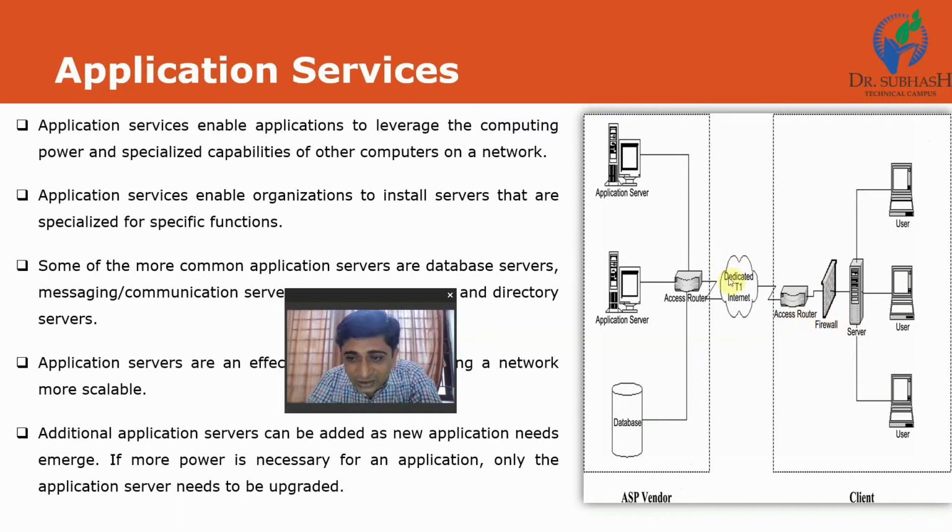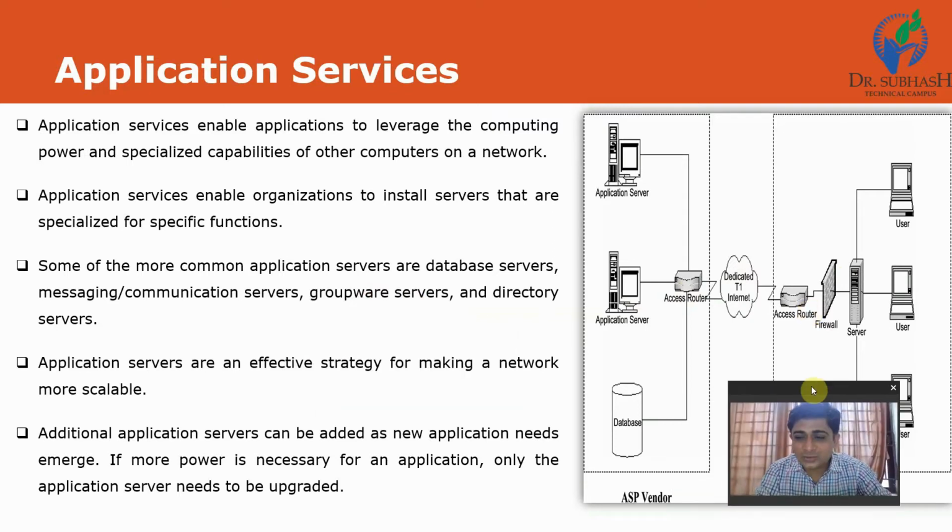Using this intermediate, that is the internet, the client can access a particular application, a particular resource from the vendor, and the vendor will provide the response to the client using internet and access router. That is the application service.